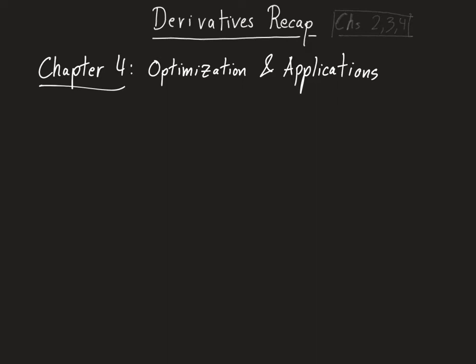But I think more importantly, this chapter really explains, or even if it doesn't do the best job of explaining, it definitely illustrates the reasons why we care so much about calculus and why calculus is so useful in everyday life. The point that I'm going to focus in on here is this idea of optimization, and I'm going to relate this back to some of the things that we learned in Chapter 2.